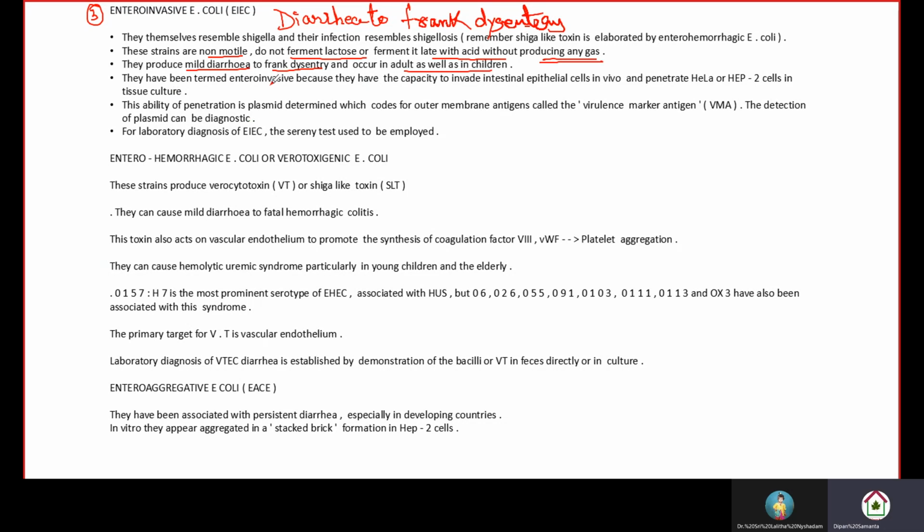They have been termed enteroinvasive. Why? Because they have the capacity to invade intestinal epithelial cells in vivo and penetrate HeLa or HEp-2 cells in tissue cultures.